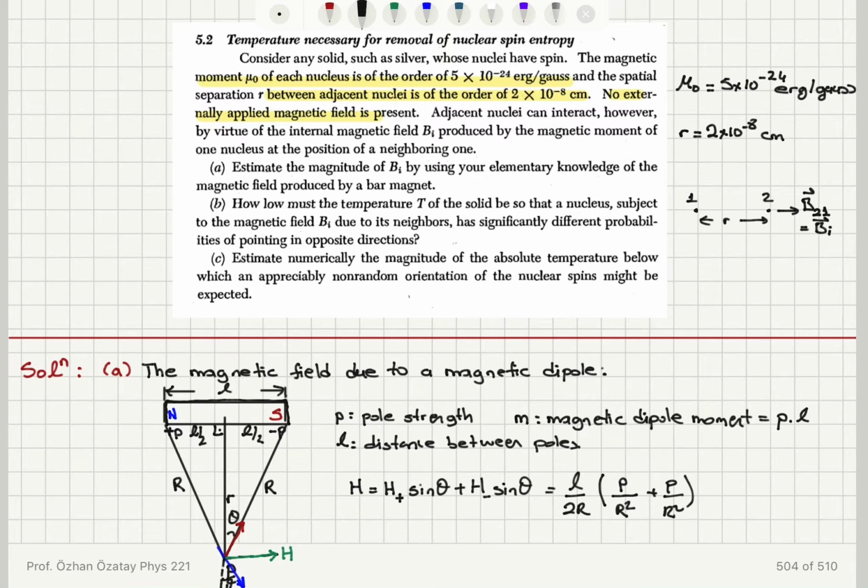So I find that this is PL divided by R cube. So the magnetic field H due to a pole strength P is P divided by the radial distance R squared, R being the distance from the pole.